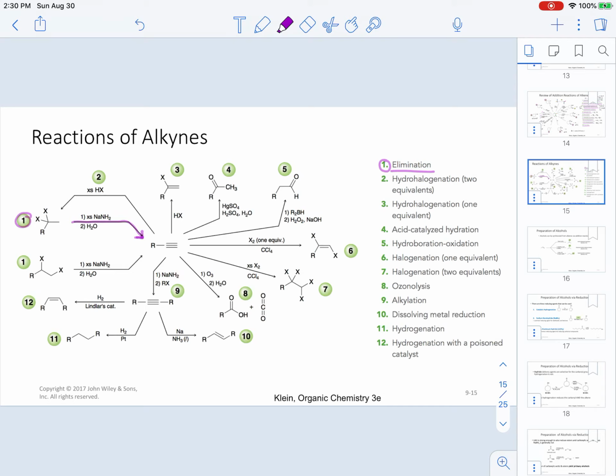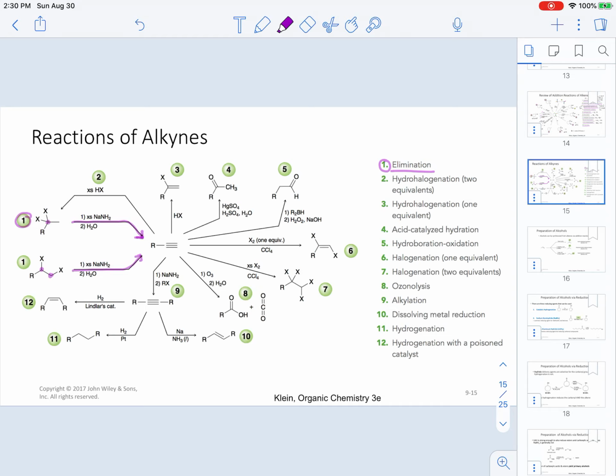So if we have a haloalkane that has two halogens, which can be on the same carbon or on different carbons, through the process of an elimination reaction you can produce an alkyne. Understand that that process is 2 steps.